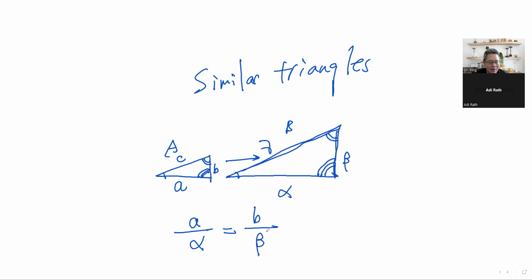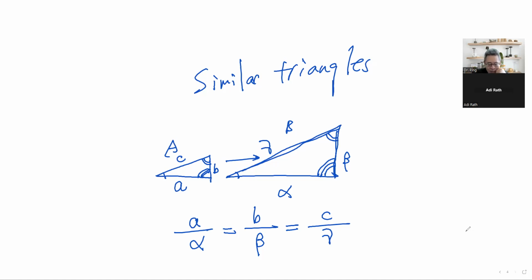Remember, we just scale up or scale down, so the scale factor is the same, as long as they are corresponding to each other. So we could do C over gamma. Good. Yeah, all right. Or you can just give me a thumbs up. You can give me that emoji.